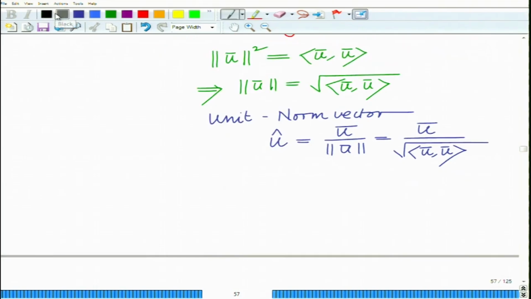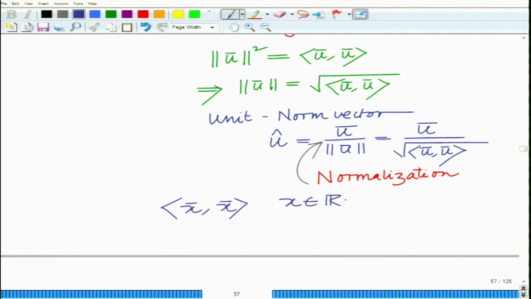This process is also termed normalization, that is when you divide a vector by its norm, you can say that the vector is normalized. And you can also see this is true for the standard inner product on Rn, that is if you look at the inner product of x bar with x bar, where x bar belongs to Rn.